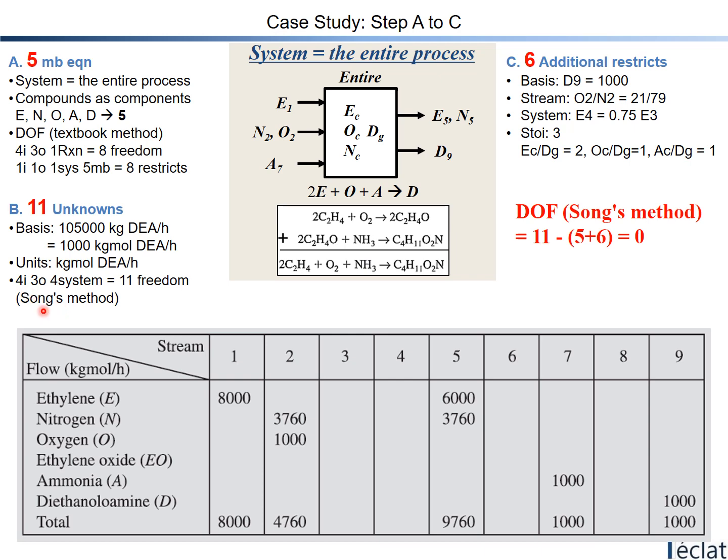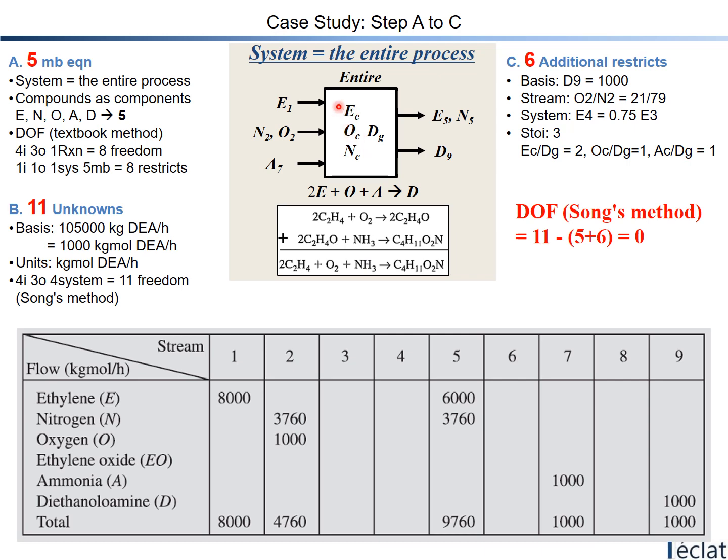In my method, we have 4 input variables and 3 output variables. Those two things are the same as the textbook method, and plus we need to have system variables. In my method, I count all terms included in the system.